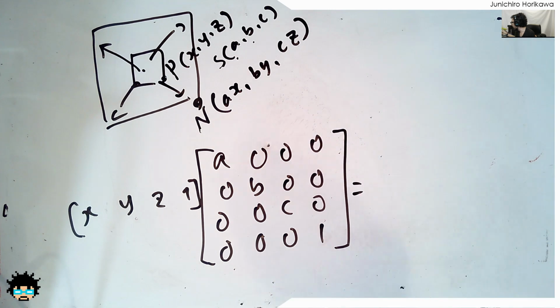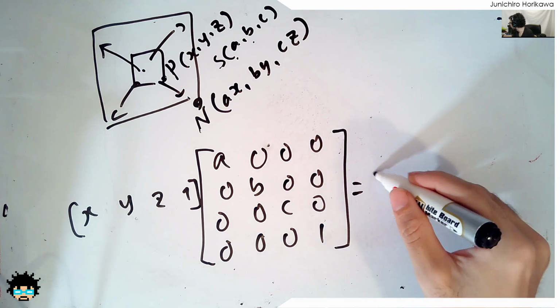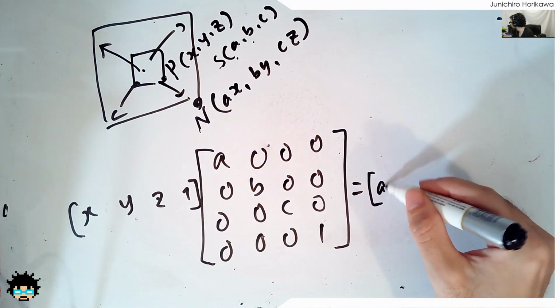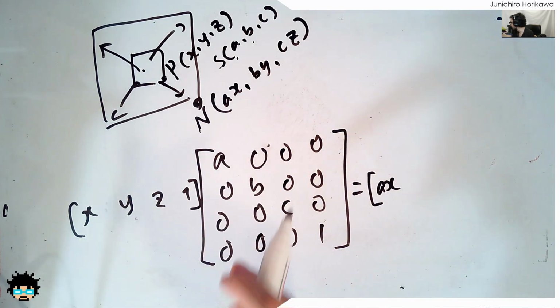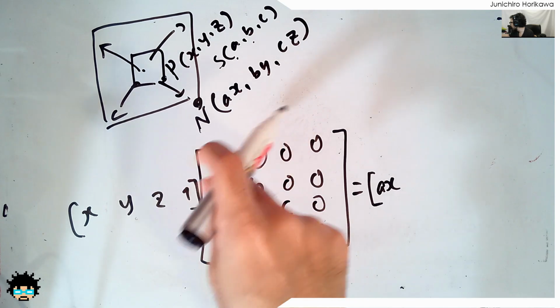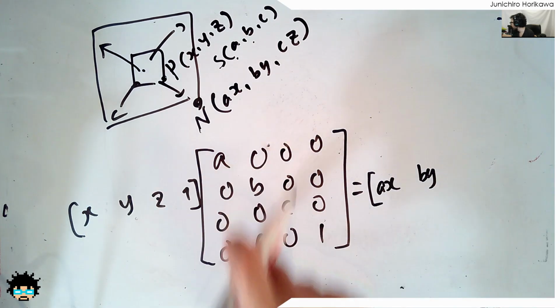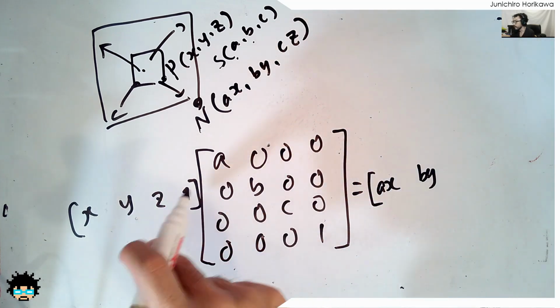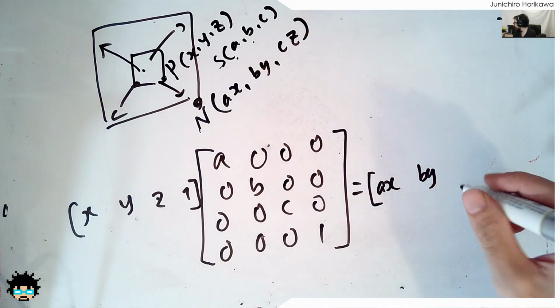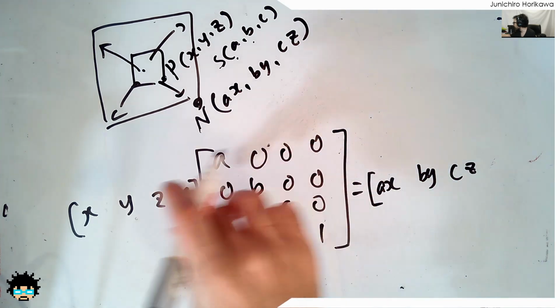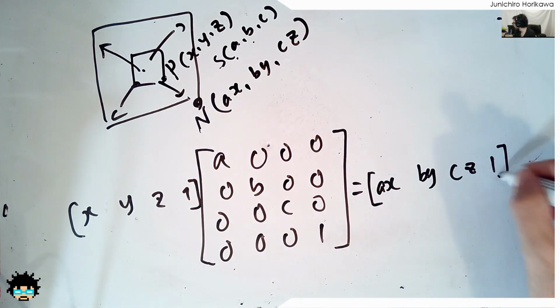And if you calculate this one, it looks like a multiplied by x, and the other ones are all 0, and for the second one b multiplied by y, and the other values are 0, and for the third one it's c multiplied by z, and the other ones are 0, and the last one is 1.